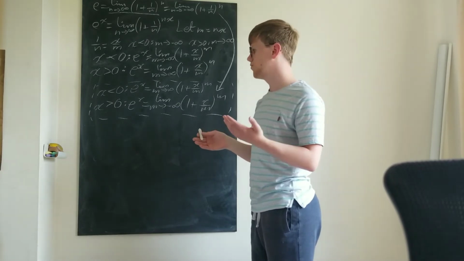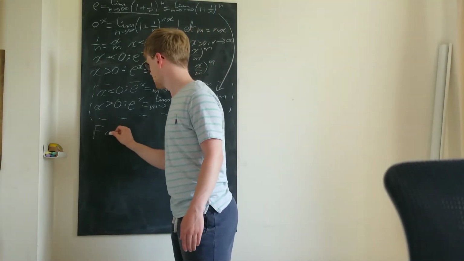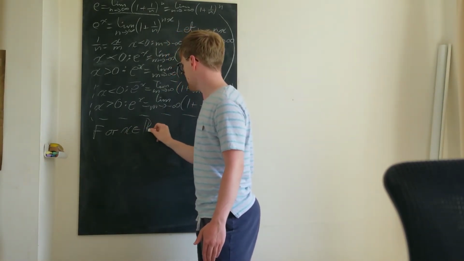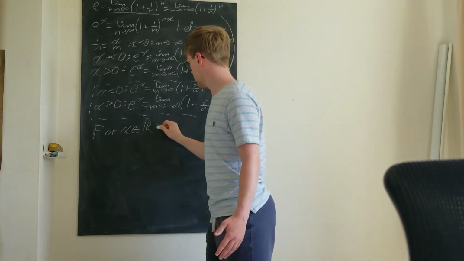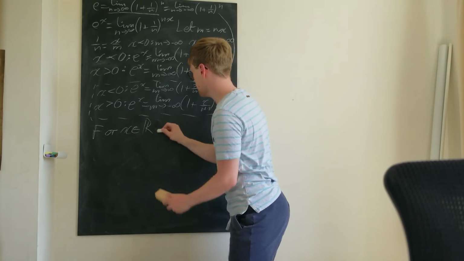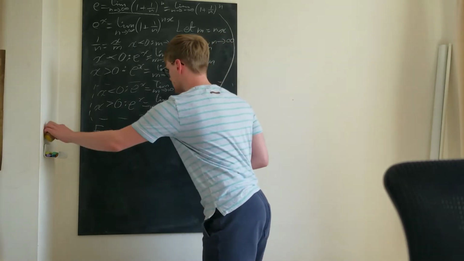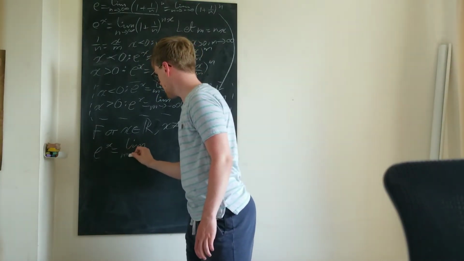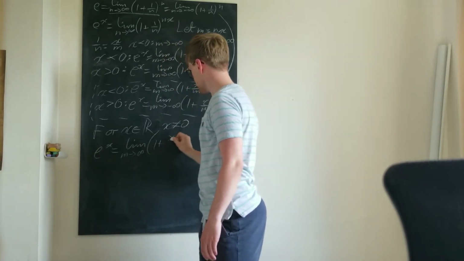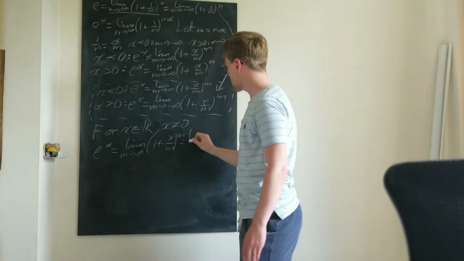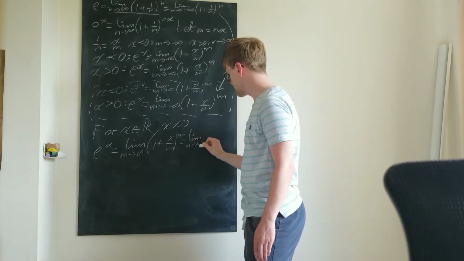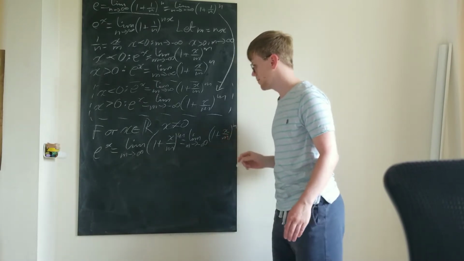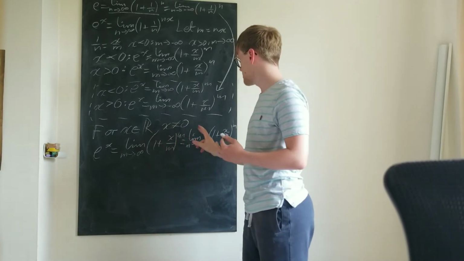So now we can say just for any x not equal to 0, for any real x, so for x in the reals such that x is not equal to 0, we have e to the x equals the limit as m approaches infinity of 1 plus x over m to the m, which is equal again to the limit as m approaches negative infinity of 1 plus x over m to the power m.